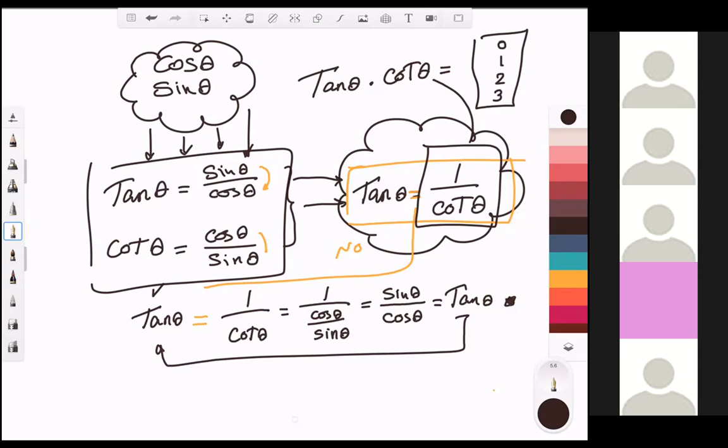Because this is theta. So here, we use the identity. Tangent is sine theta over cosine theta. Cotangent is cosine theta over sine theta. If they all cancel, the answer is 1. That's the answer. Good.